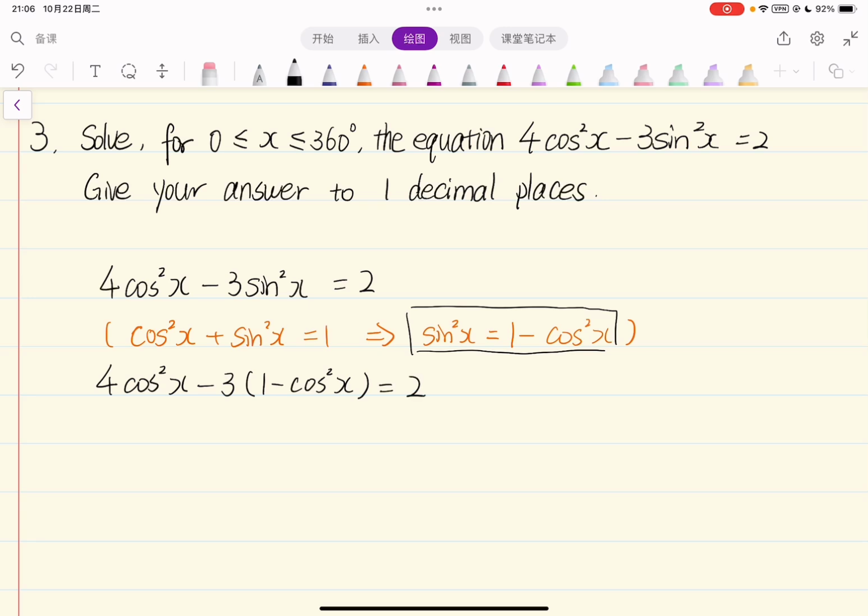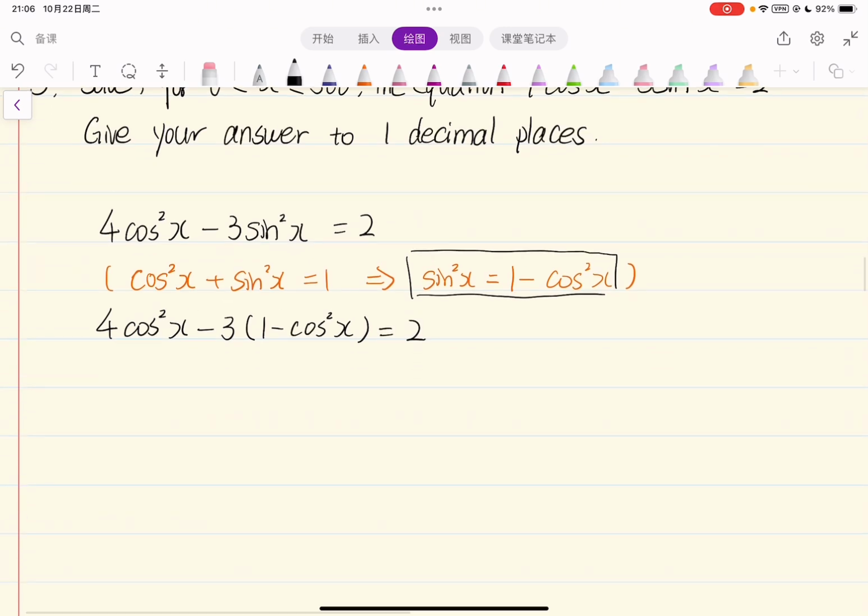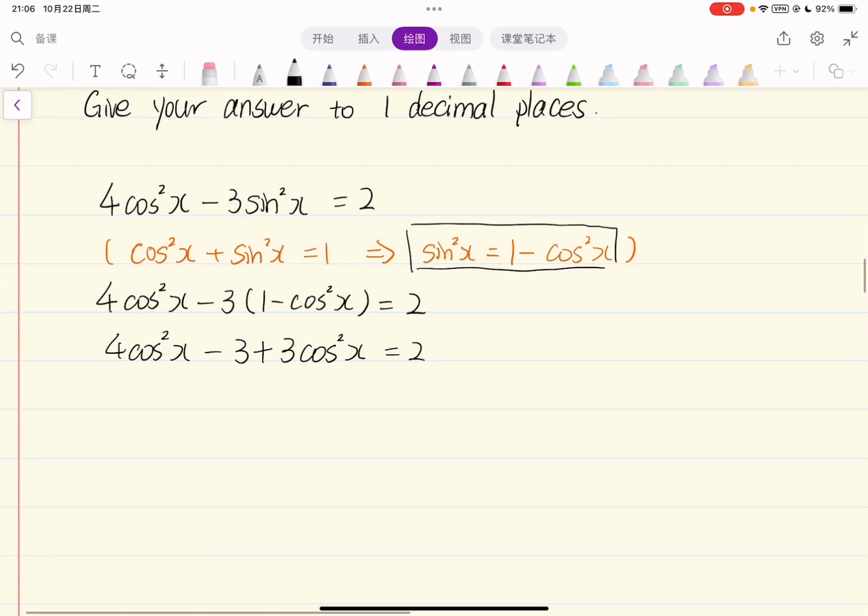We rearrange that, we have 4 cosine squared x minus 3 plus 3 cosine squared x equals 2. We have 7 cosine squared x equals 5, and cosine squared x equals 5 over 7.